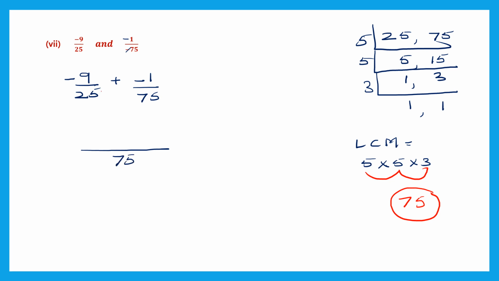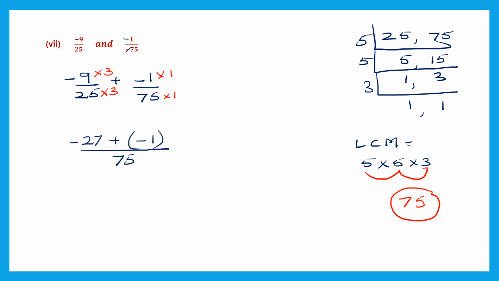Now 25 into 3 is 75. So multiply minus 9 also into 3. That is minus 9 into 3 is minus 27. 9 3s are 27. Plus 75 into what is 75 into 1. So multiply this also by 1. Minus 1 into 1 is minus 1 itself.